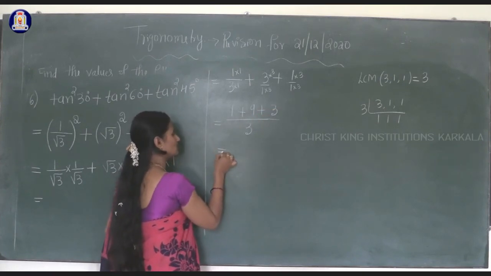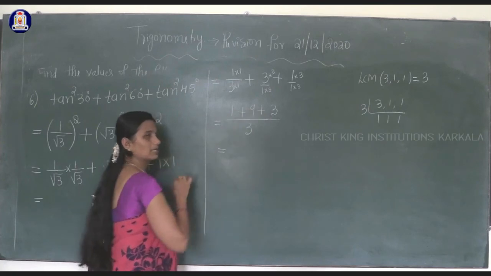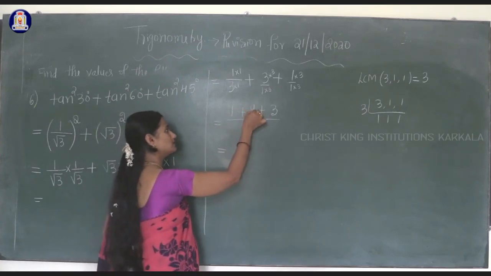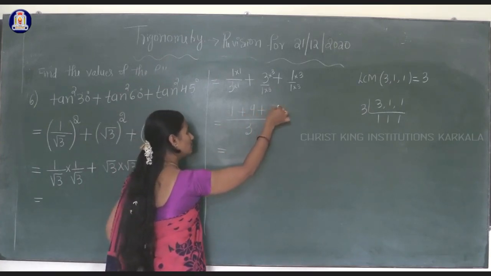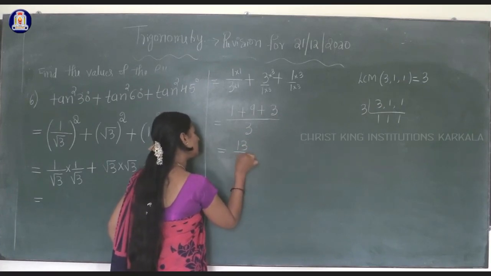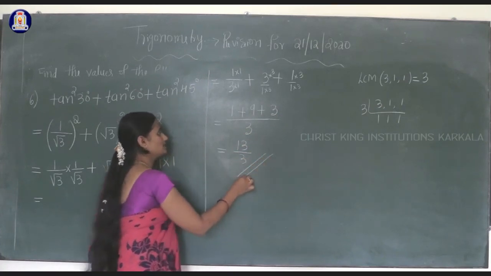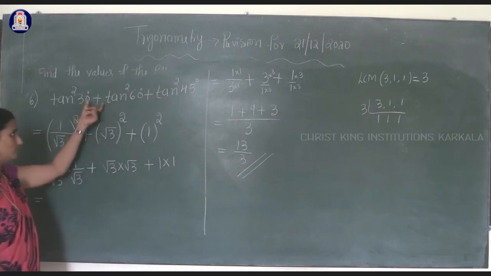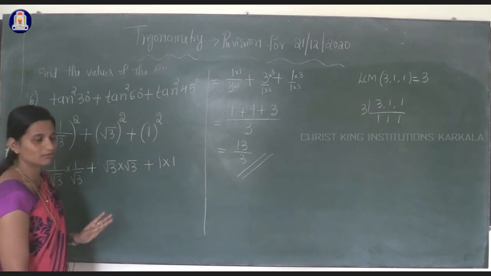Correct? Yes. All the same sign. So 1 plus 9 is 10, 10 plus 3 is 13, divided by 3. So what is the value of this one? The value of this is equal to 13 divided by 3.